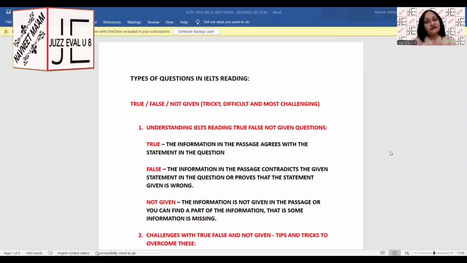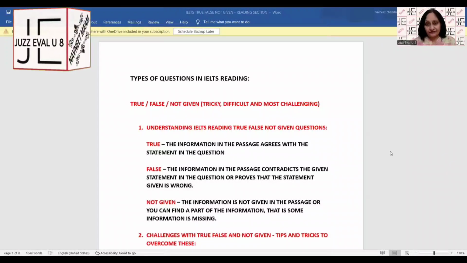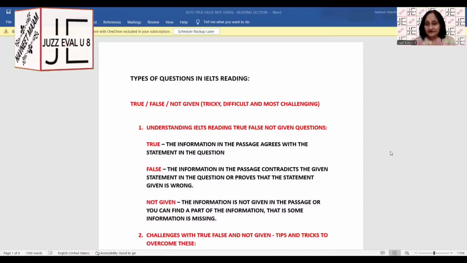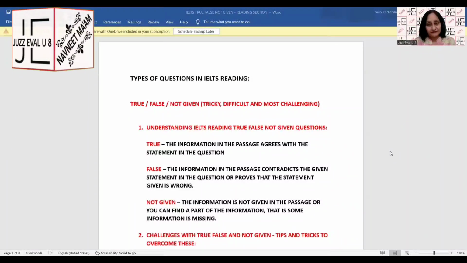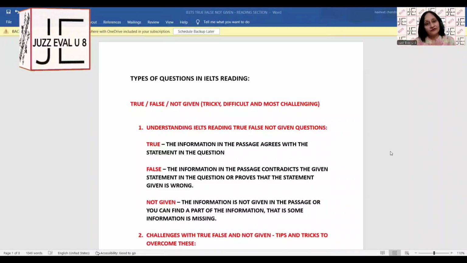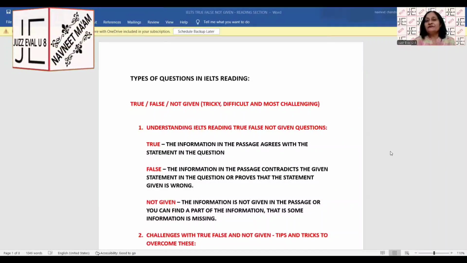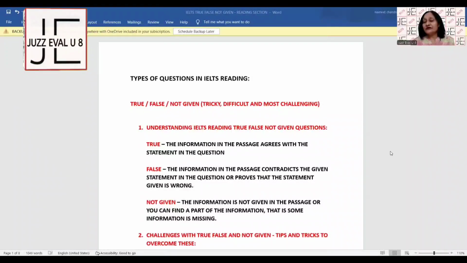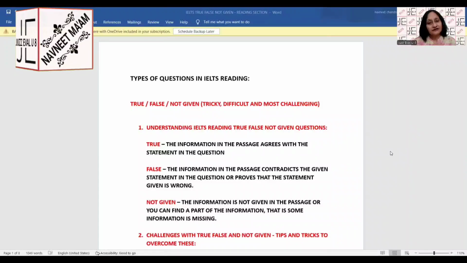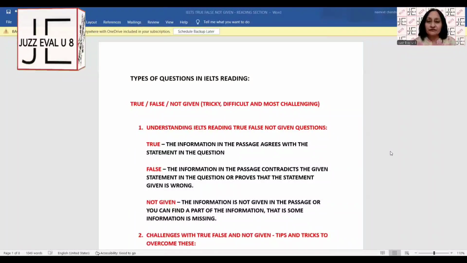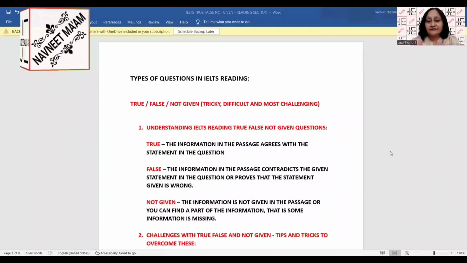There's just some partial information given. The entire information is not given. So, understood till here? True means meaning is the same. False, contradictory, or wrong. Not given, either the information is different, it's not mentioned in the passage, or just a part of the information is given. Okay, so then let's go ahead.